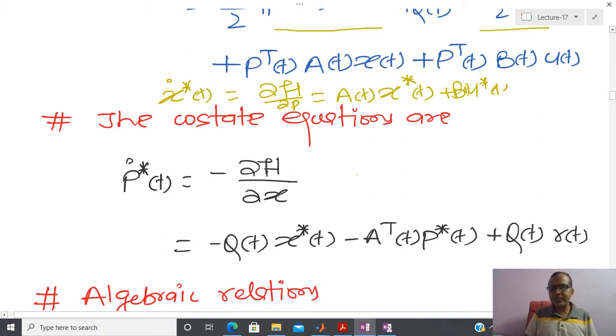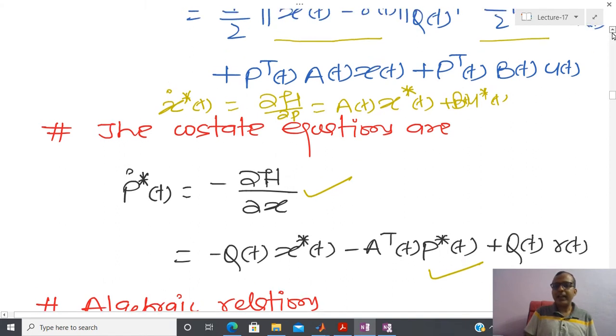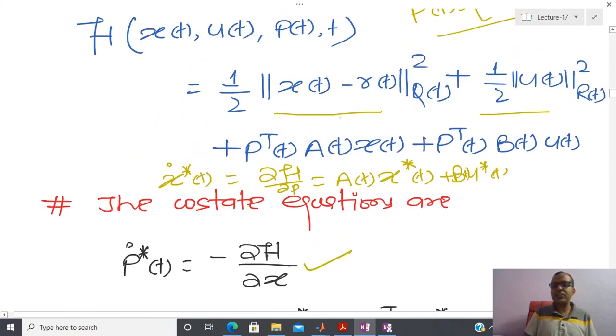And after that, the co-state equation. In order to derive it, I have to take the partial derivative of the Hamiltonian function with respect to x, and then put the negative sign, and if you solve this, you are able to get this. Please be careful that H here is a function of x(t) minus r(t), and I am going to take the partial derivative with respect to x.